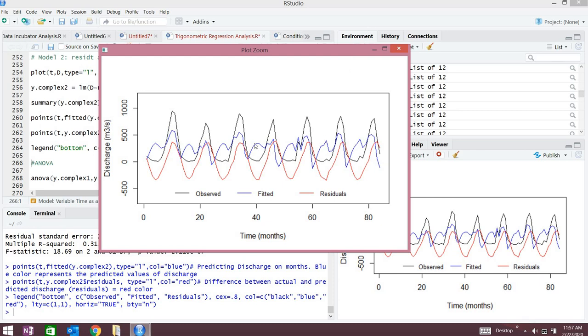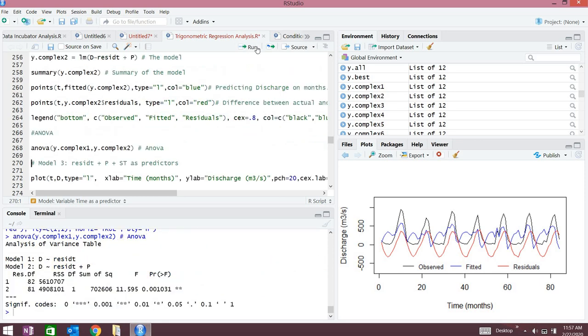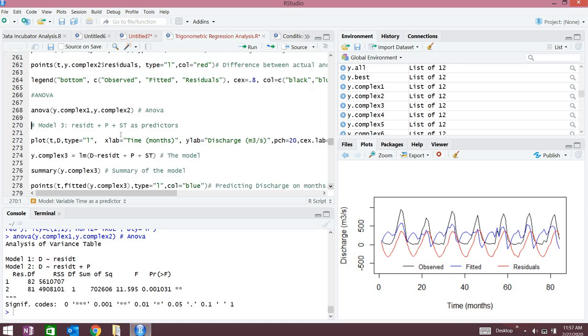So we are going progressively there. Then we run the ANOVA between model 1 and model 2, and it tells us model 2 is better than model 1.